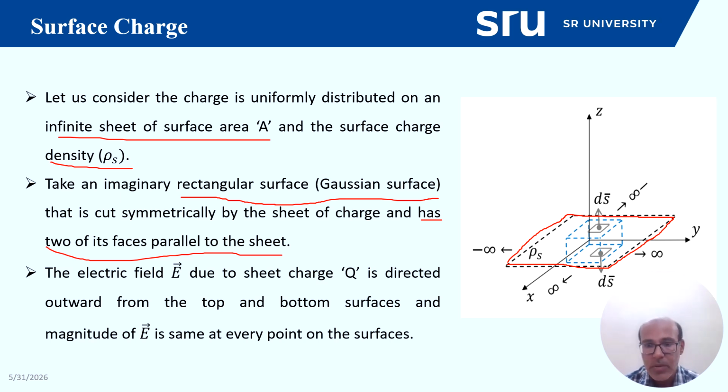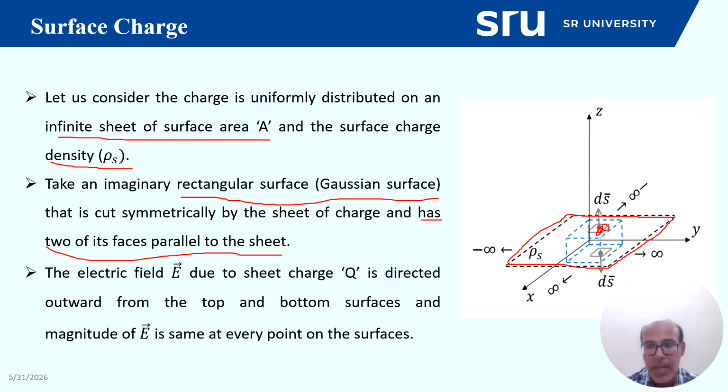Now what we are trying to see is, with this infinite sheet of charge, suppose let us say I have kept a unit positive charge here. Definitely there will be an electric field experienced by this positive charge. And once again, I say that this is an infinite sheet of charge, or infinite two-dimensional charge spread across two dimensions.